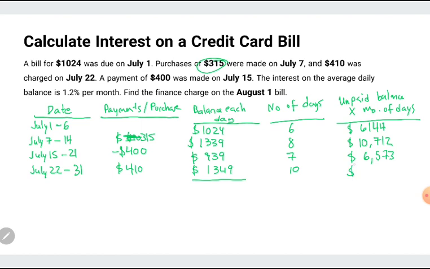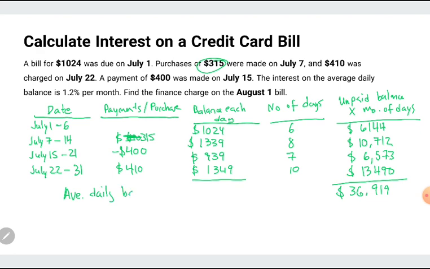And 10 times 1,349, 13,490. So my average daily balance is just the summation of this, 36,919. That's not yet the final answer. No. This is not yet my average daily balance.